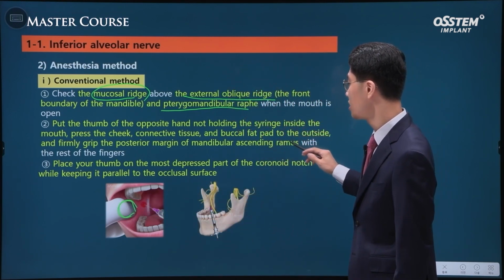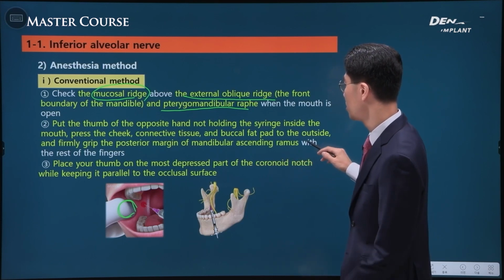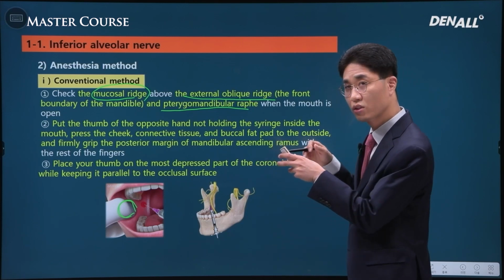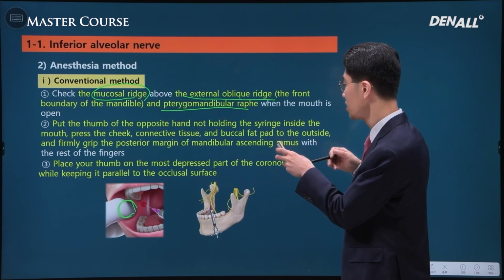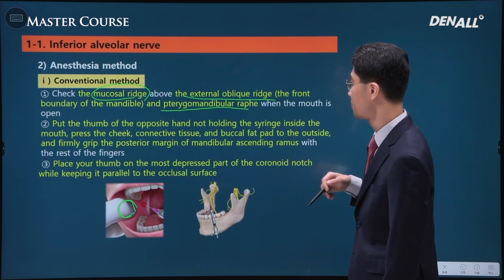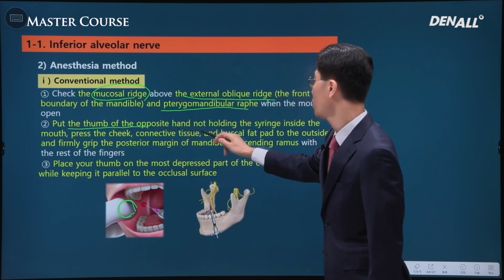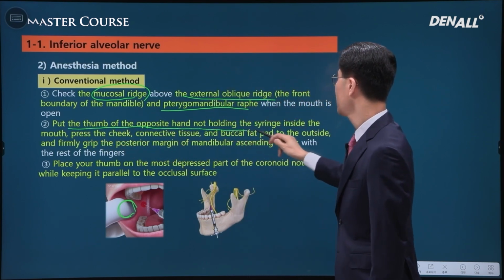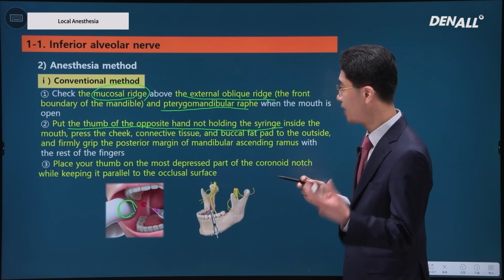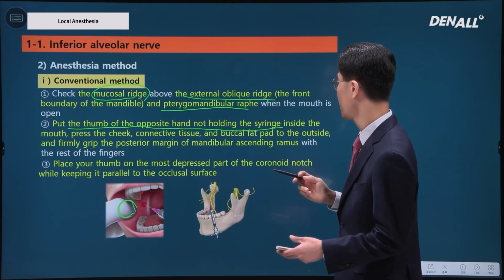You need to use your tactile senses to identify where the needle is going to go in. Put the thumb of the opposite hand inside the mouth. Press the cheek, connective tissue, and buccal fat pad to the outside.